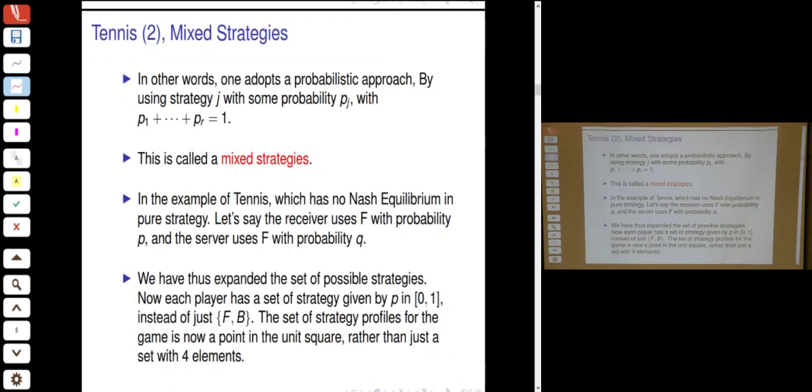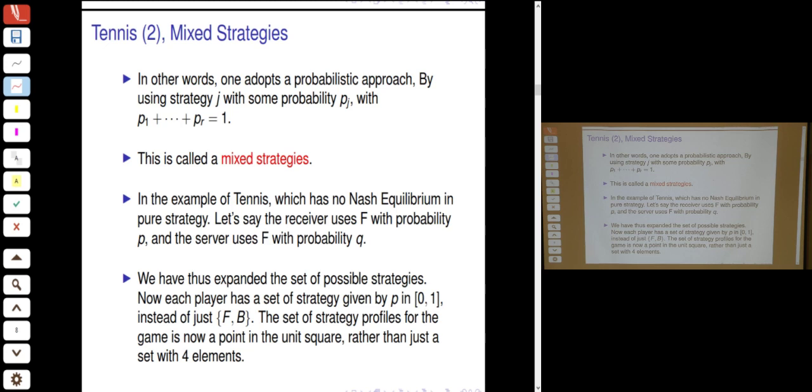If you have R possible strategies available, so in the game of tennis or in the game with move 1 and move 2, R was equal to 2 because every player had 2 strategies available. So, if you have R strategies available, then you can call them strategy 1, strategy 2, strategy 3, up to strategy R. You have to decide the probability with which you should pick strategy J, where J lies between 1 and R. Let us call that probability Pj.